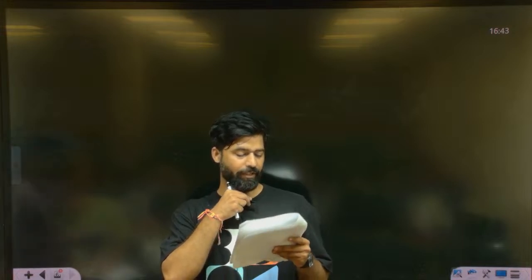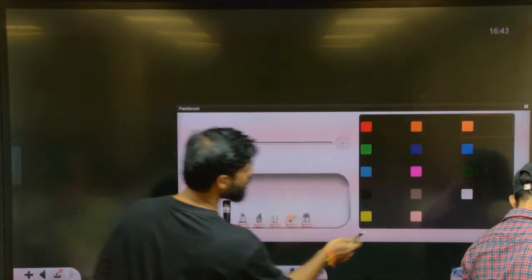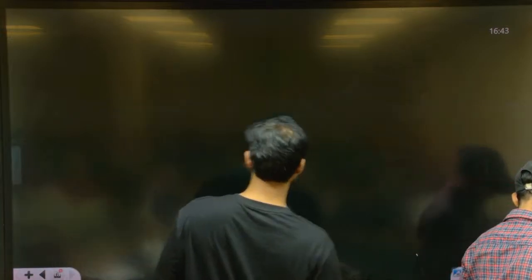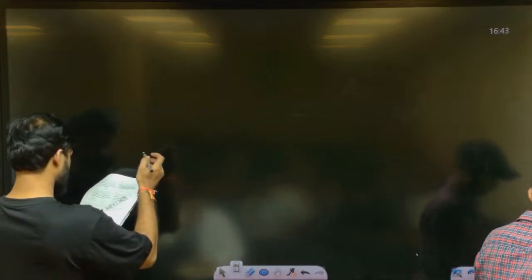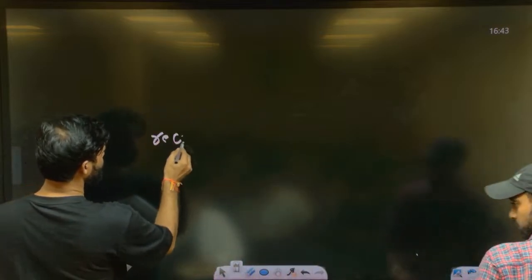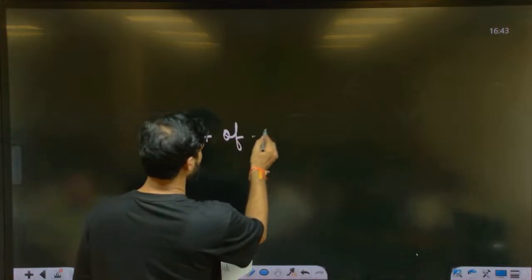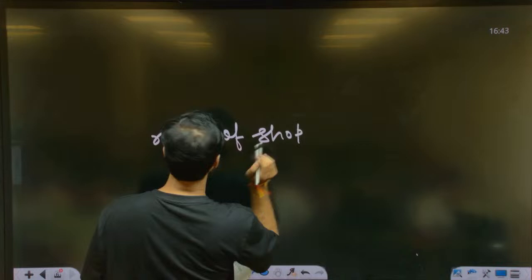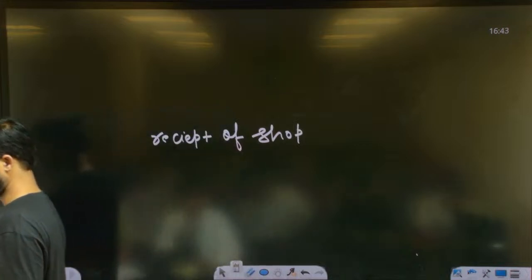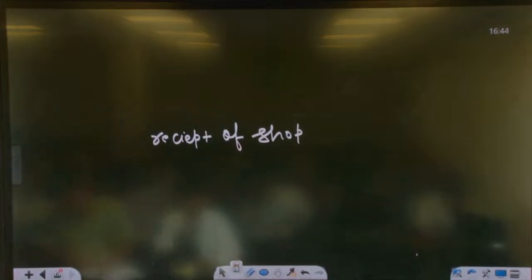What was the net effect on gross receipt of shop?